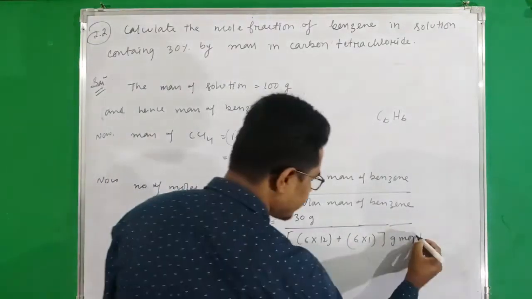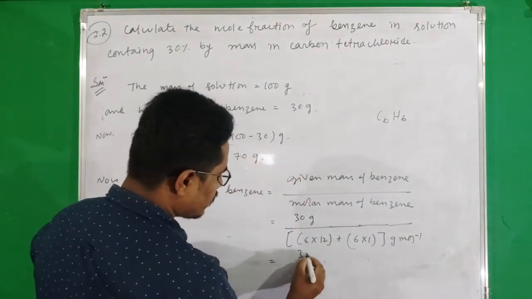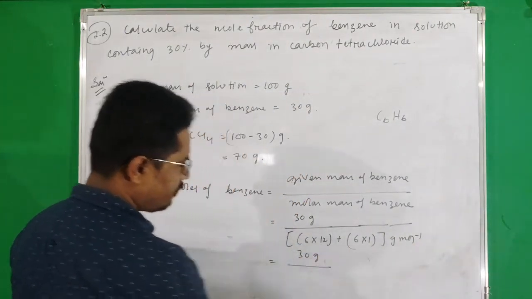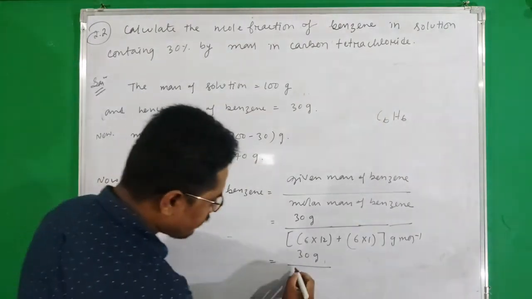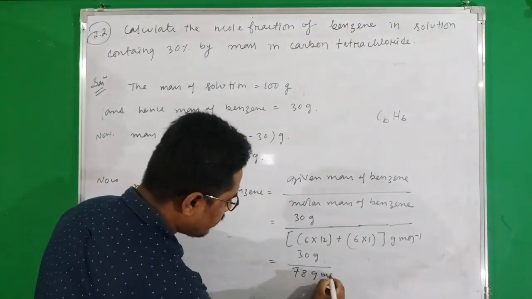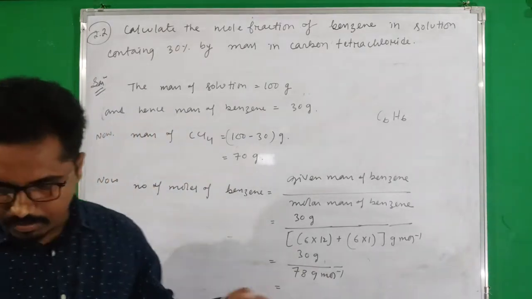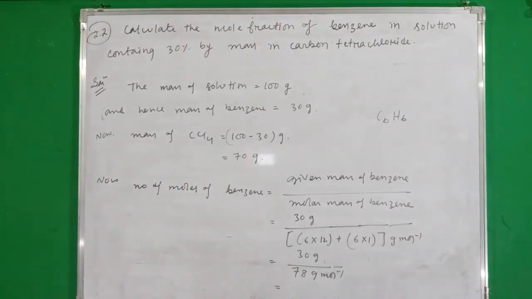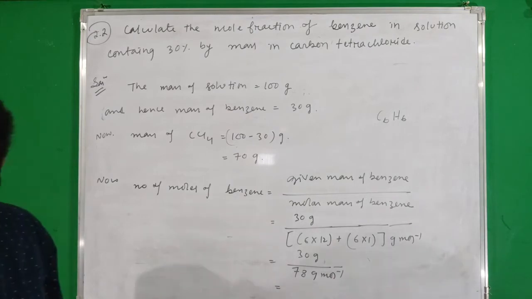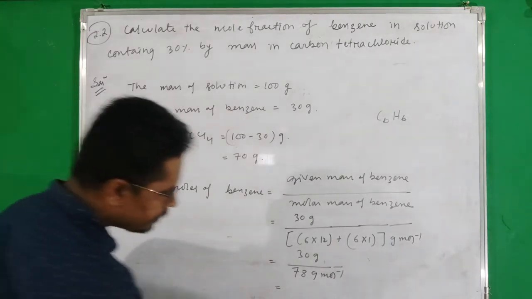Okay? Equal to 30 gram divided by, if you calculate, then you will get 78 gram per mole. And here the number of moles of benzene will be 0.385.